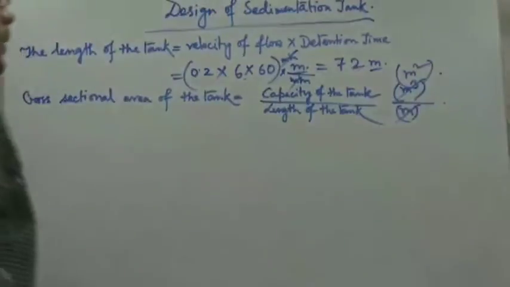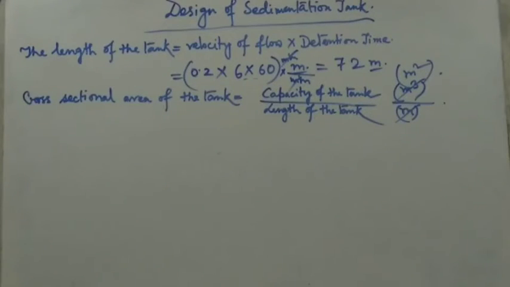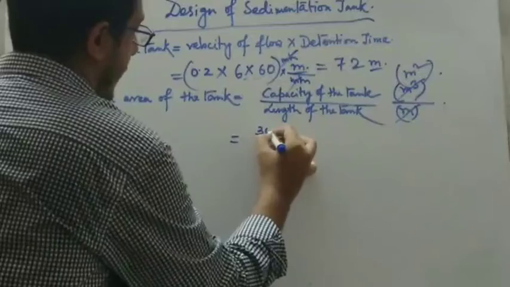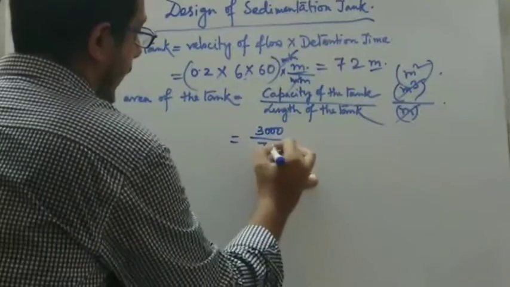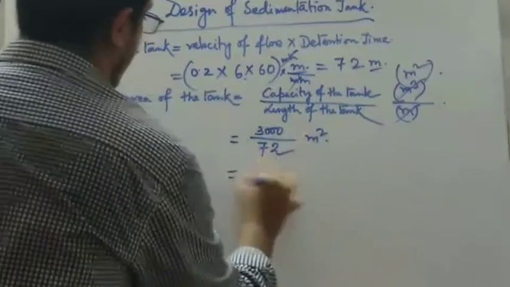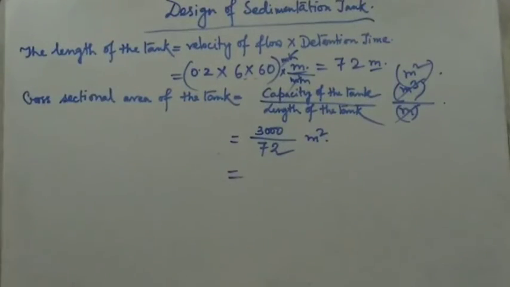Unit should be in meter square. So put the value in this equation: the capacity of the tank, that means 3000 meter cube, and the length of the tank, that means 72 meter. So this is the actual equation of cross-sectional area of the tank.